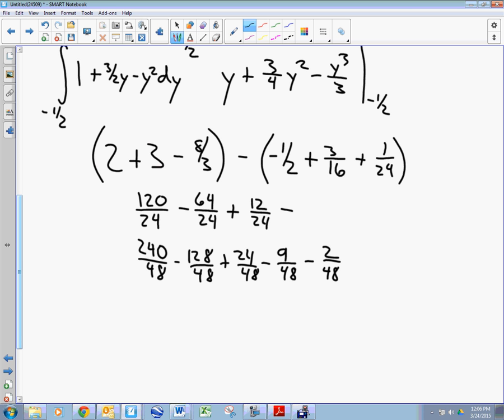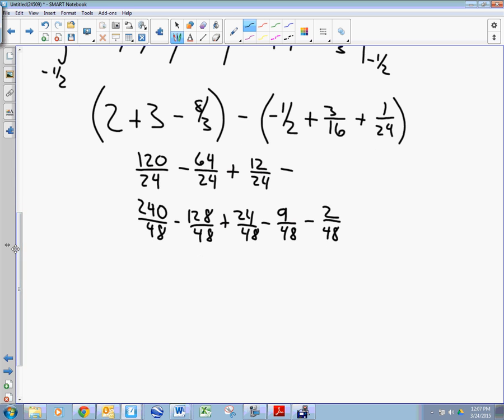When you cube the negative 1/2, it's negative. Negative makes positive. So 240 minus 128 is 112. Plus 24 is 136. Minus 9 is 127. Minus 2.